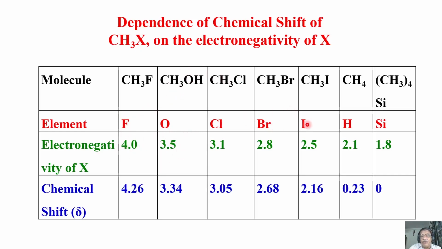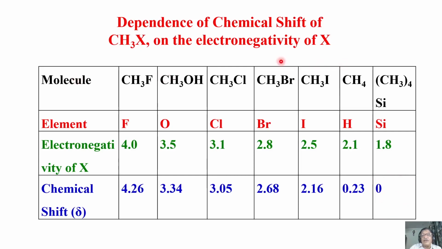Similarly, chlorine, bromine, iodine, we keep on decreasing the electronegativity, and finally methane, and finally we take tetramethylsilane, whose electronegativity, because of silicon, is only 1.8. Look at the chemical shift, what is happening now. This starts with 4.26, we saw 3.34. These three examples we saw in one of the previous slides, and when it comes to tetramethylsilane, we took it as a reference, it is 0.